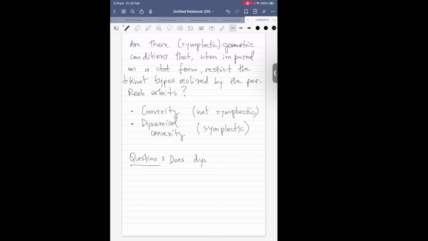Does dynamical convexity of the contact form imply that the Hopf flow is right-handed in the sense of Ghys?